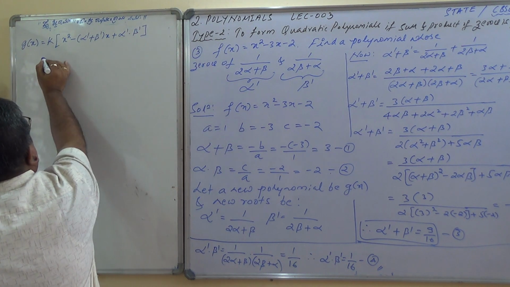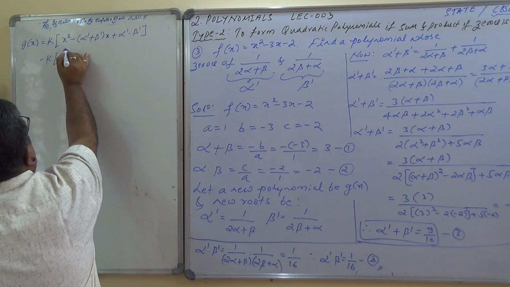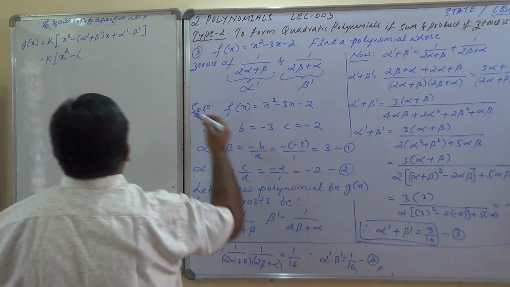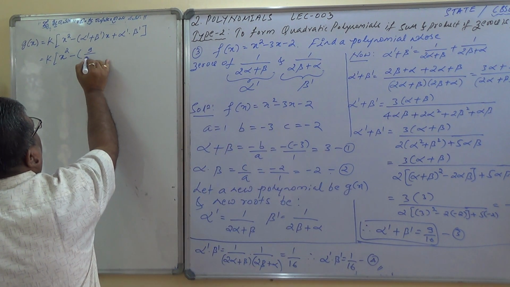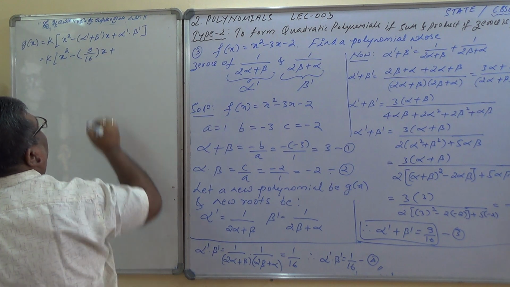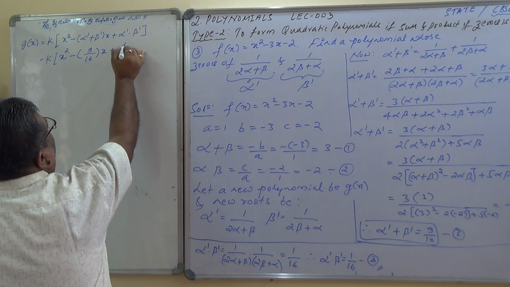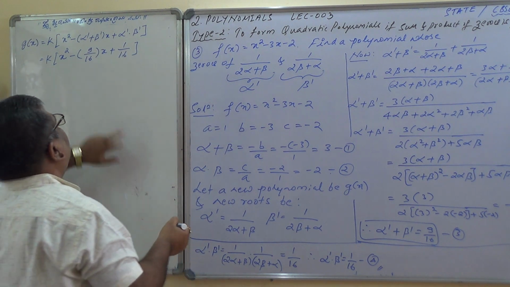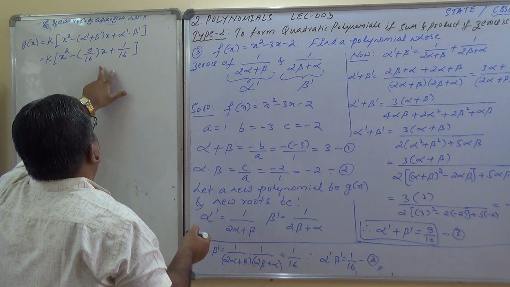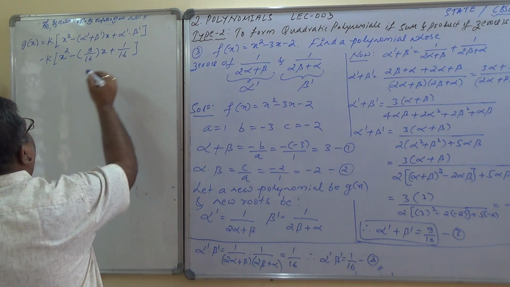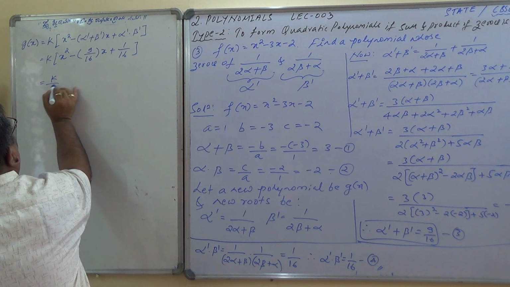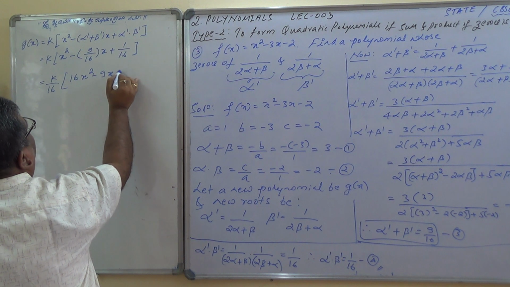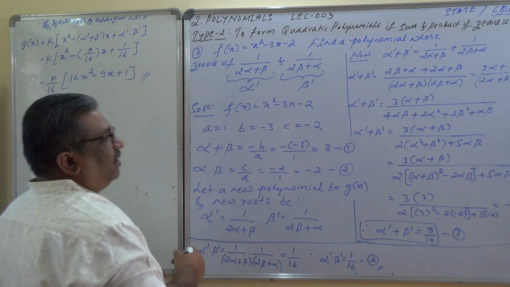This is the quadratic polynomial, which equals k times (x square minus 9 by 16 times x plus 1 by 16). You can end the polynomial here, but as 16 is in the denominator, let me take the LCM here. So k by 16 into (16x square minus 9x plus 1). This is the quadratic polynomial.